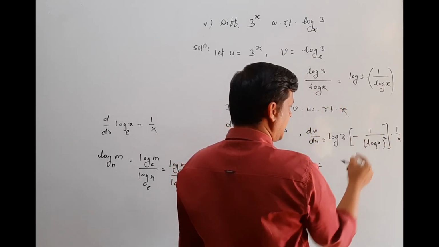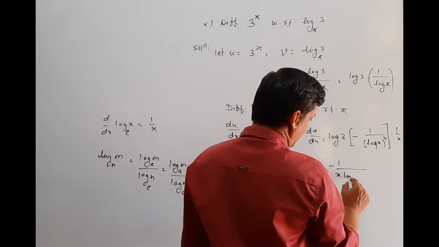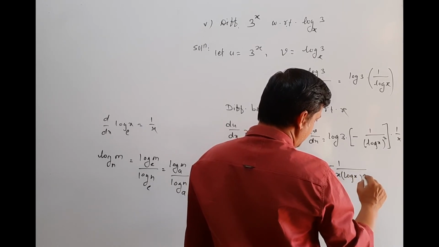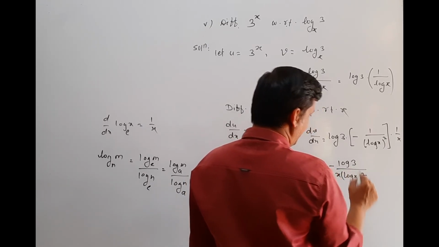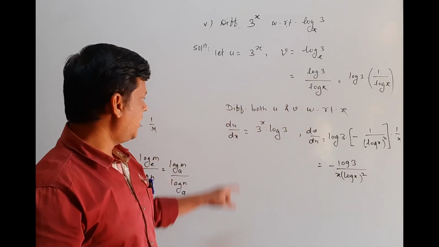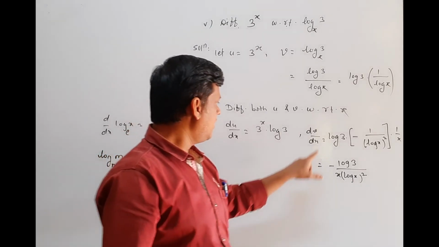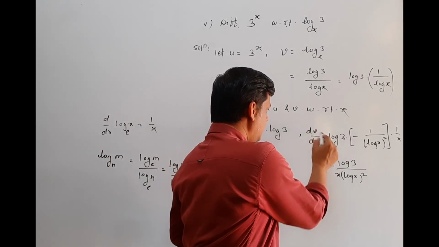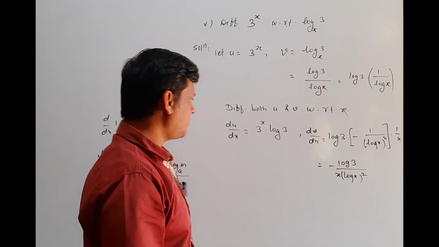So we write this as minus 1 by x into (log x) whole square, into log 3. So in the numerator 1 into log 3 is log 3. So here du by dx is 3 raised to the power x into log 3, and dv by dx is minus log 3 upon x into (log x) whole square.